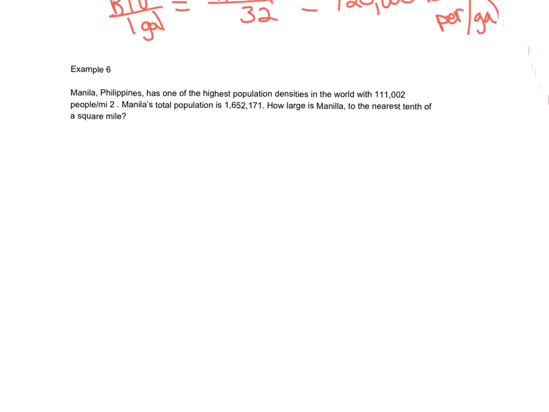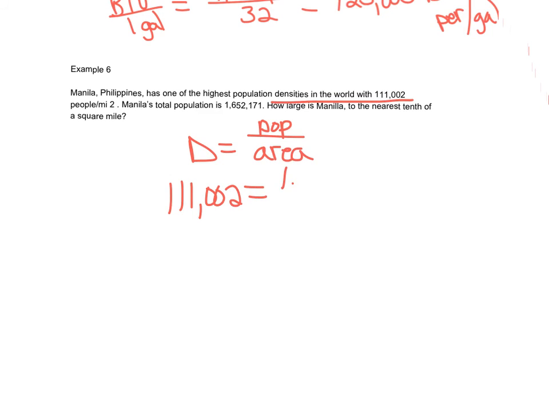Example 6 is a little different. It says Manila has one of the highest population densities in the world. Now remember, density equals population over area. So the density is 111,002.